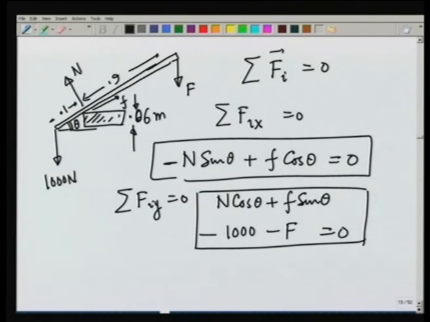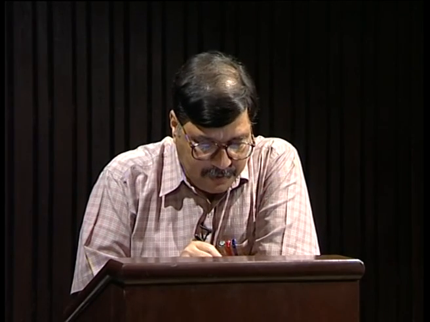How about the torque? For the torque, let us choose a convenient point, because it does not matter which point I choose. Let us choose the support right here as the point about which I will take the torque. Then you can see that this F has a tendency to rotate the rod clockwise, and this has a tendency to rotate counterclockwise, and therefore, the two are working in opposite directions. If we take this plane to be the xy plane, torque is going to be in the k or minus k direction, and therefore, I can just write the scalar numbers right away.